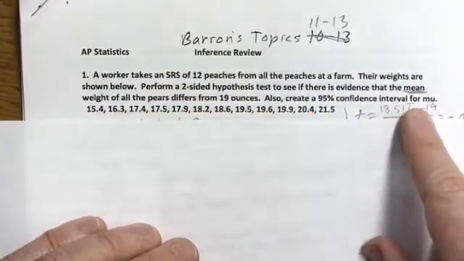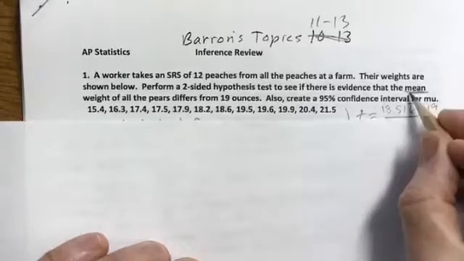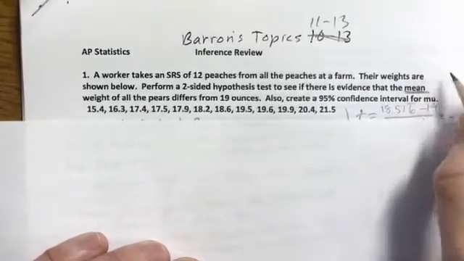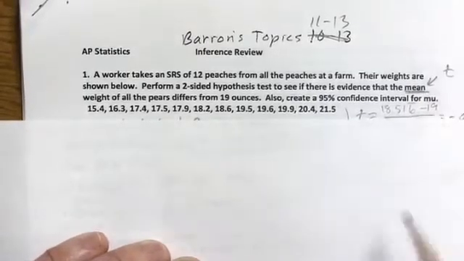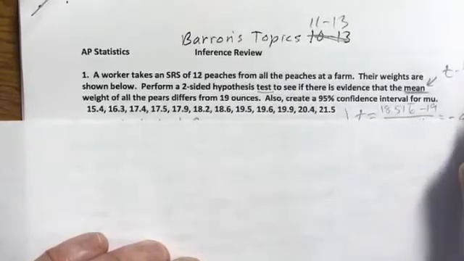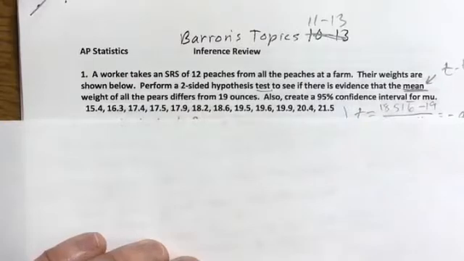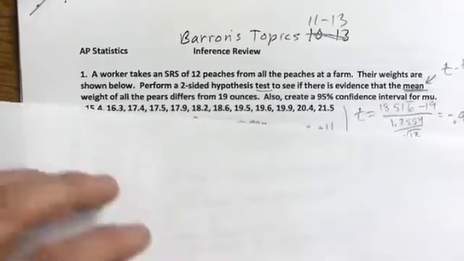Also create a 95% confidence interval. Remember, whenever you're working with a mean, you're doing a t inference. It says do a test, so that is a t-test, and there's just one sample. So it's a one sample t-test that we're going to do, and we'll do the interval in a second.